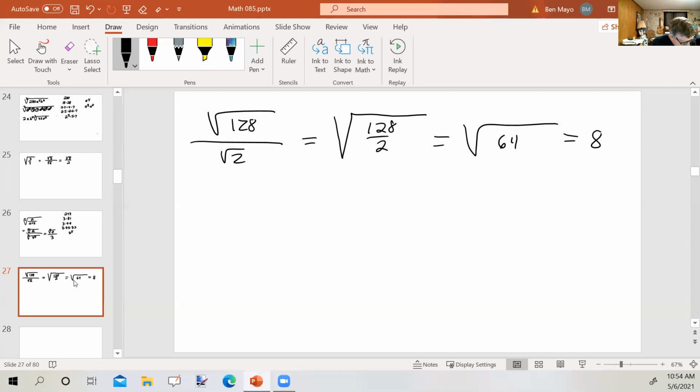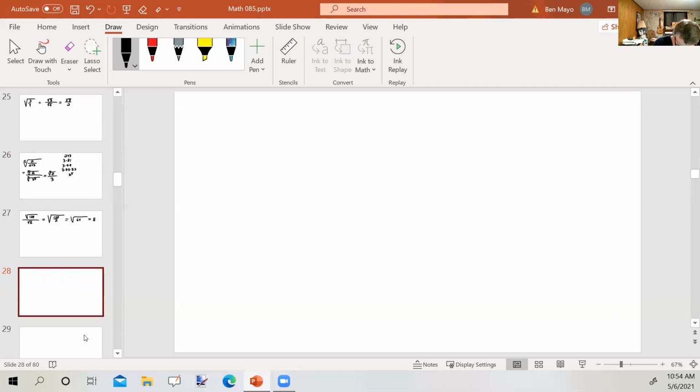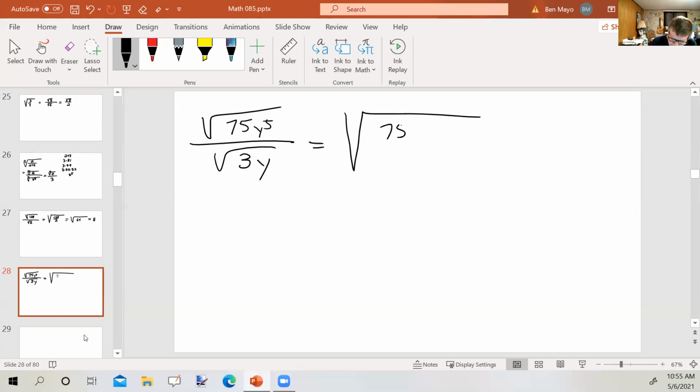Let's take a look at another example. The square root of 75y to the 5th divided by the square root of 3y. That would become the square root of 75y to the 5th over 3y, which would become the square root of 25y to the 4th. 75 over 3 reduces to 25.